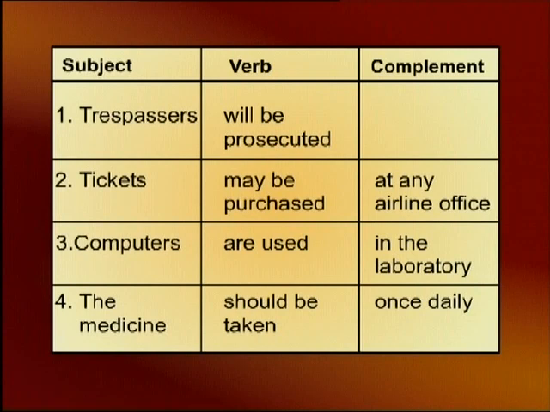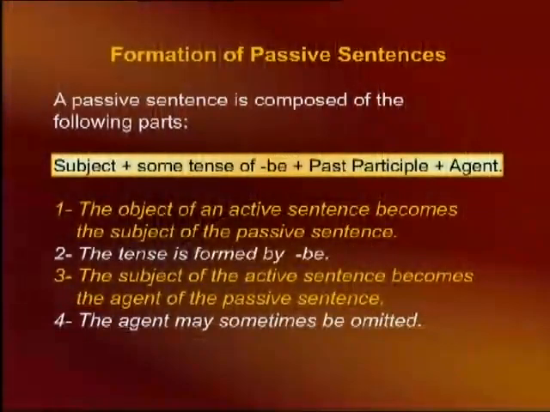Trespassers will be prosecuted, tickets may be purchased, computers are used, the medicine should be taken. Notice how the whole thing is inverted. The formation of passive sentences: a passive sentence is composed of the following parts: subject plus some tense of the be form of the verb plus the past participle plus agent.